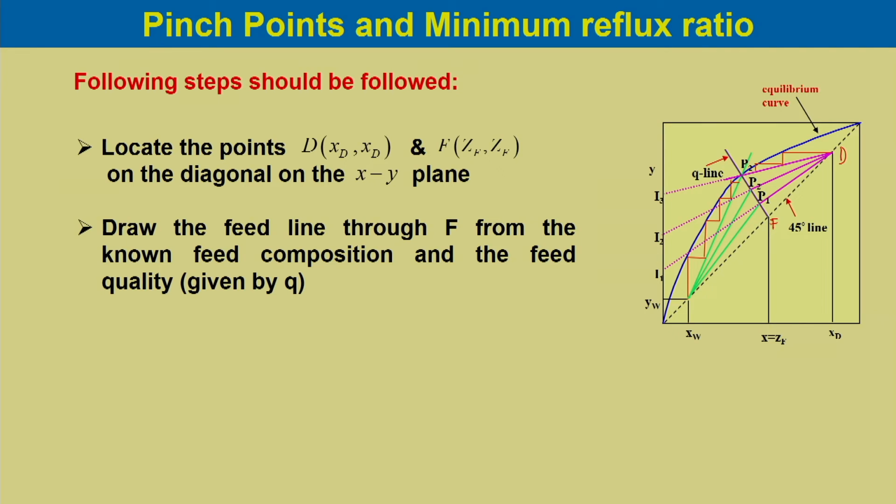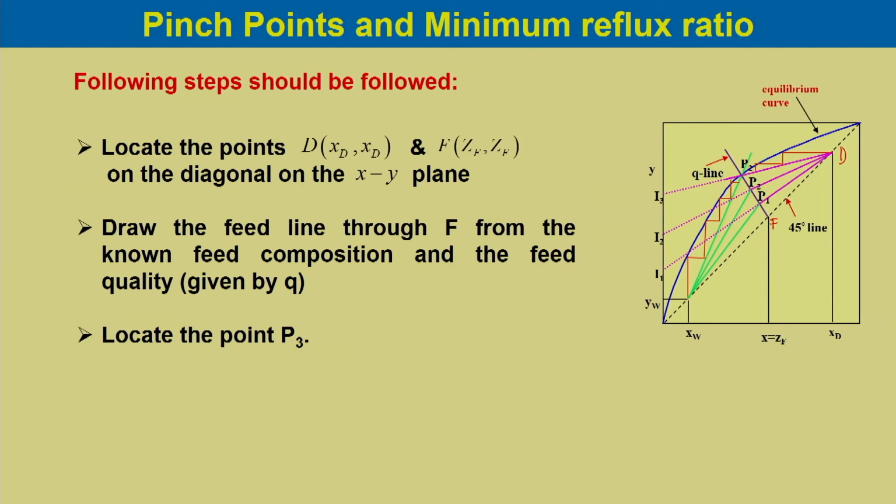We can draw the feed line knowing the feed composition and the feed quality given by q. As we have discussed, the feed quality is defined by the fraction of the feed that is liquid. So, based on the feed condition we can draw the q line.